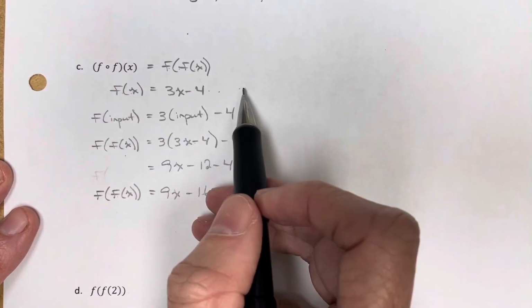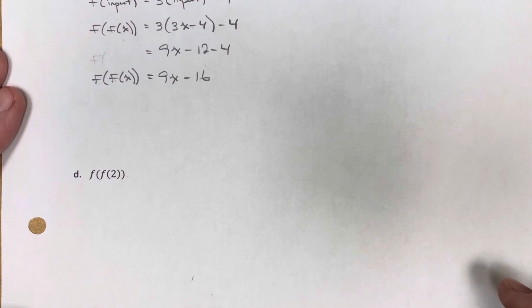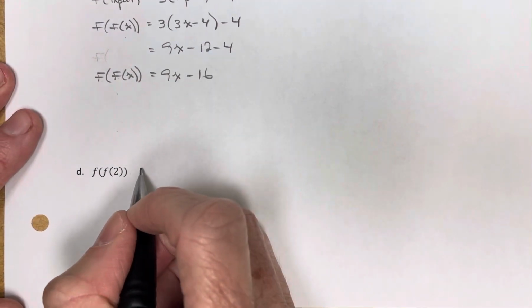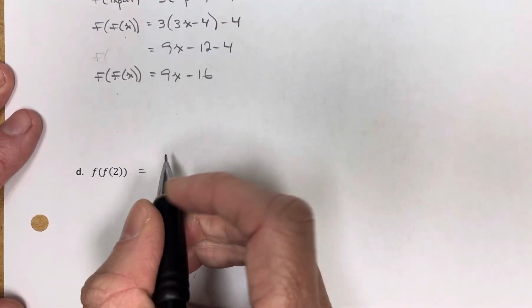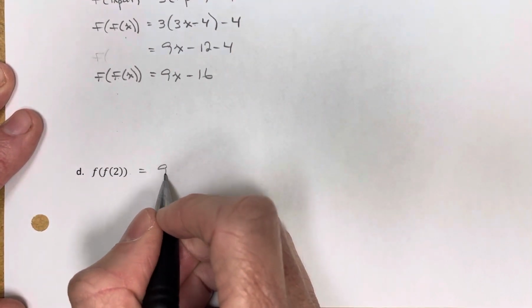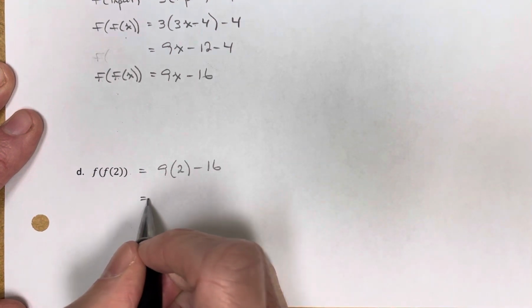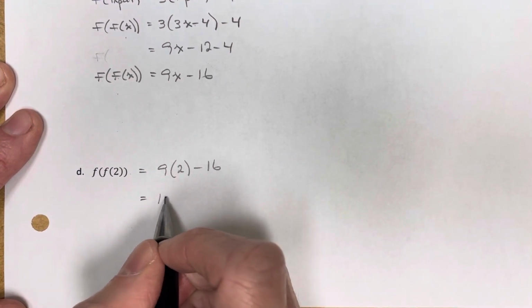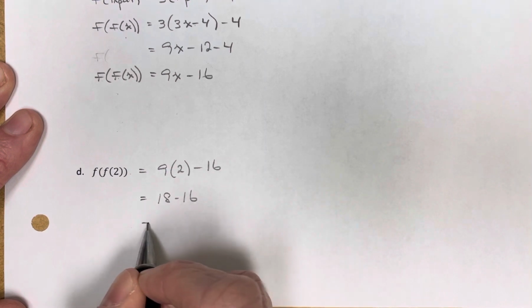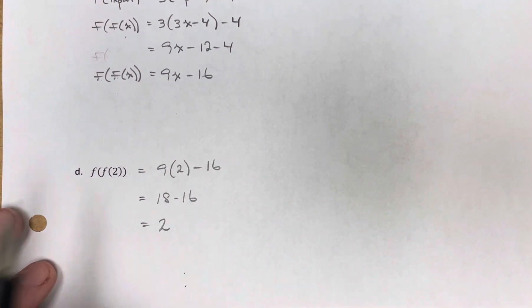I ran 2 back through it, I got 2 again. So I should get the same thing from this. So let's see, remember f of f of 2 is 9 times 2 minus 16, which gives me 18 minus 16, and I get the 2 that I thought I would get using the composite function.